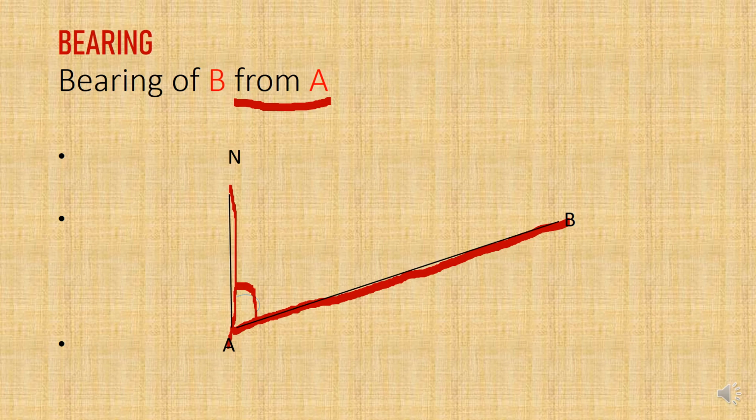So suppose this angle is going to be 45 degrees, suppose, because I'm not using a protractor here. So this is how we represent our angles. We put a placeholder 0 before the angle if the angle is less than 100 degrees.